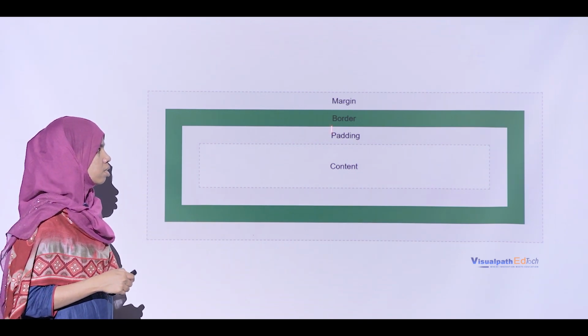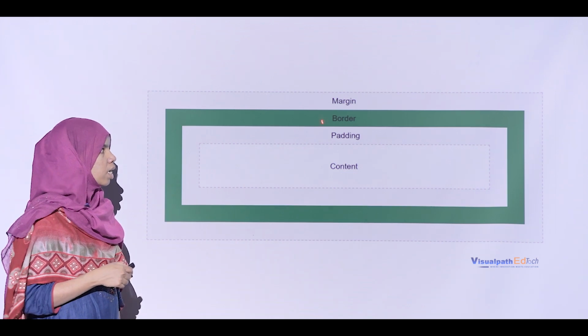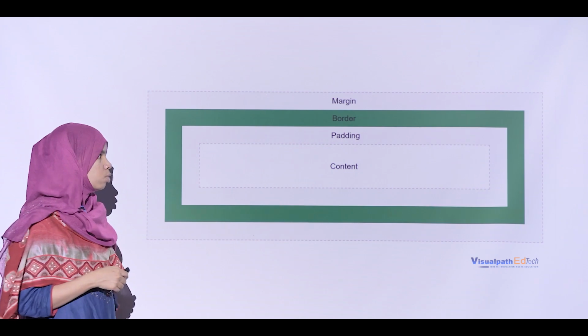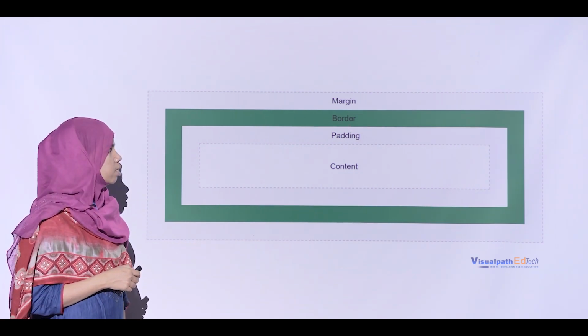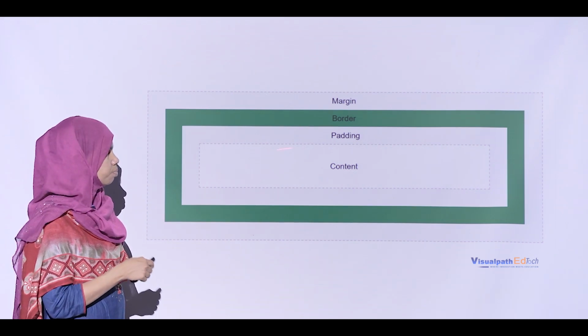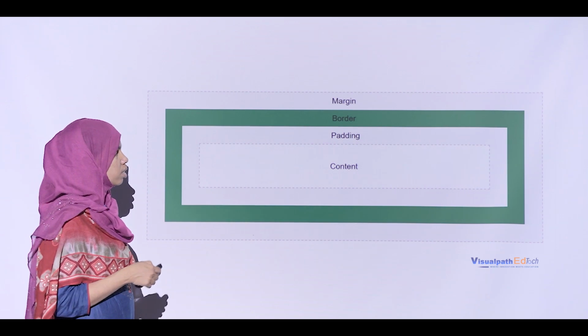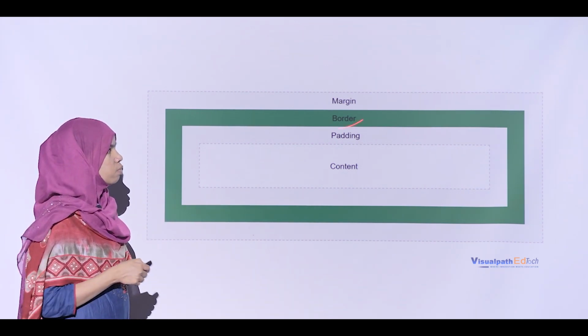Padding is where we maintain the spacing between the content and the border. How much gap you want to maintain, we do so with this padding, and it is transparent, that's why you see it in white color. The border again sits around the content and padding. Border is basically with color.